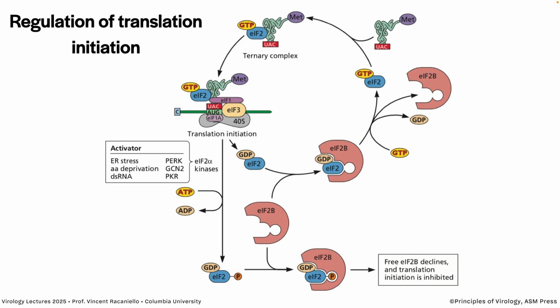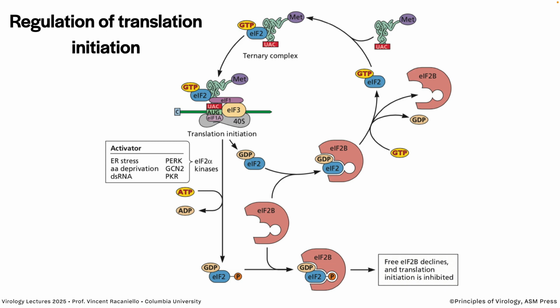Okay, so this is how you get multiple rounds of initiation. This is a point of intense regulation in the cell. In fact, there are a number of protein kinases, EIF2 alpha kinases. So EIF2 alpha is a subunit of EIF2.